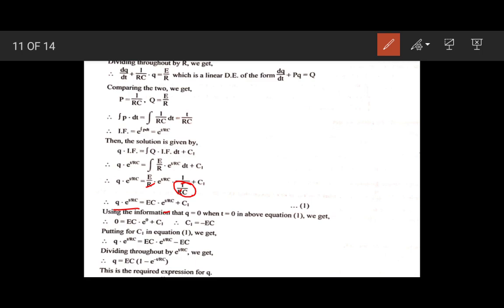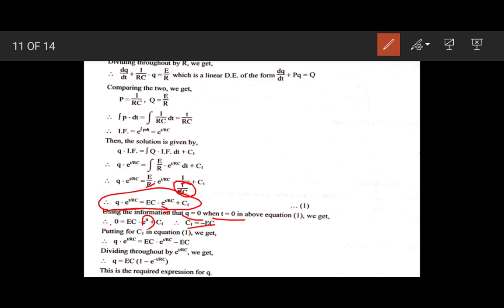Now using the information that Q is equal to 0 when T is equal to 0, when we substitute this in the equation, we get Q is 0, so the whole left-hand side will be 0, equal to EC plus C1 into e raised to 0, and e raised to 0 is 1.